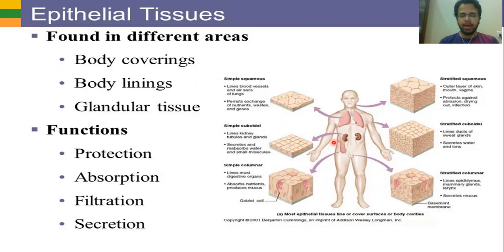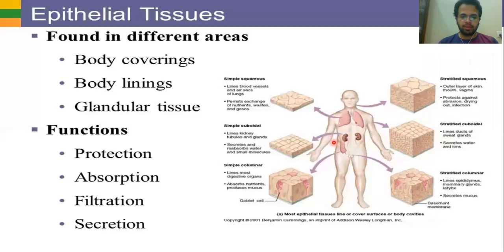So when you take food, your GIT secretes gastric juices, or any hormones, in order to digest that food. Any substance which is secreted comes into the food through your epithelial cells.